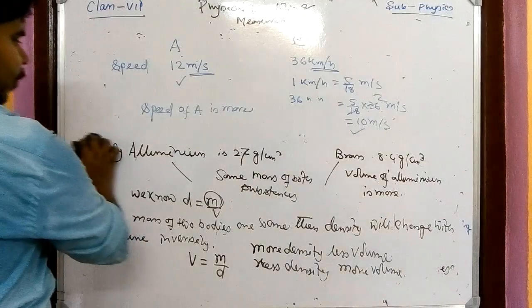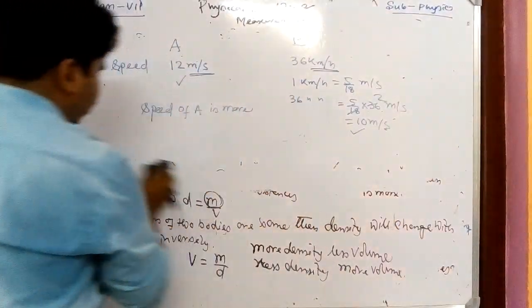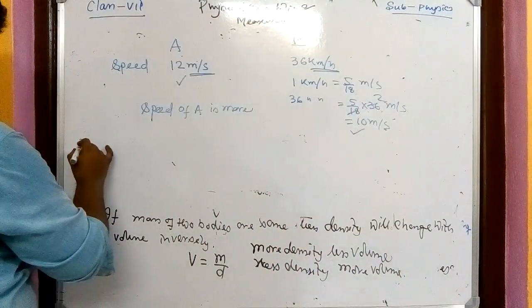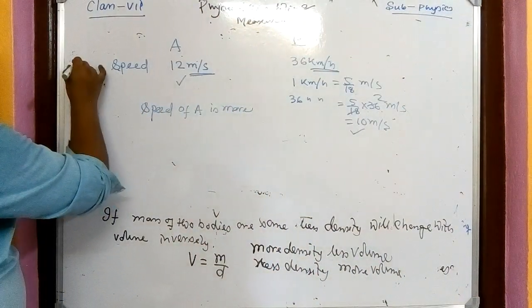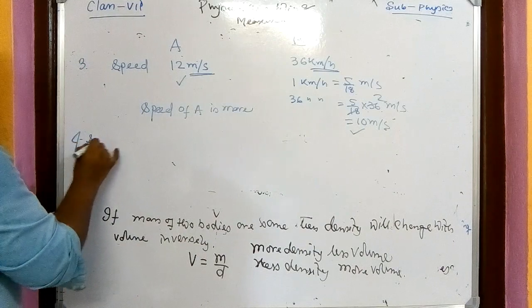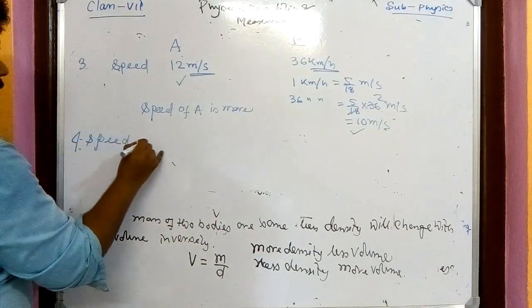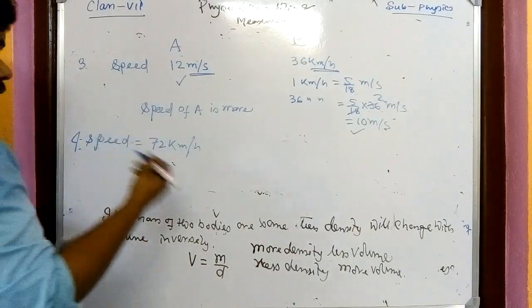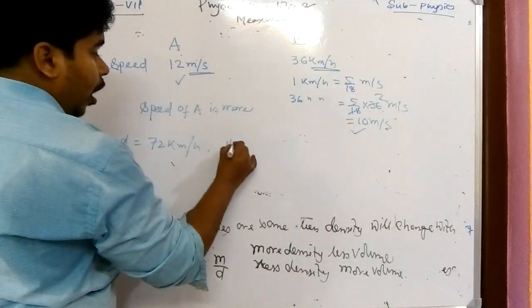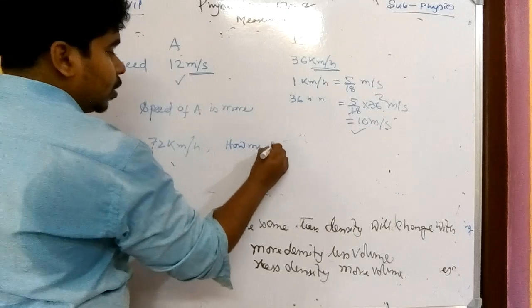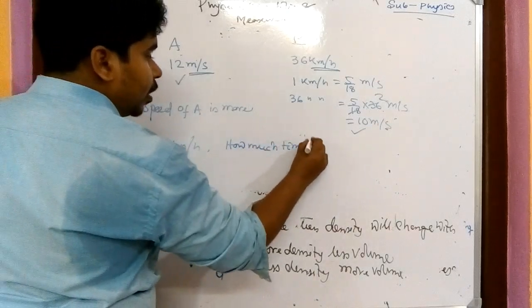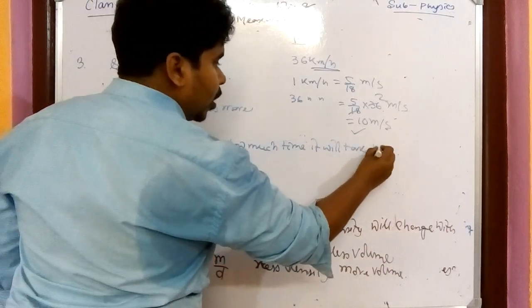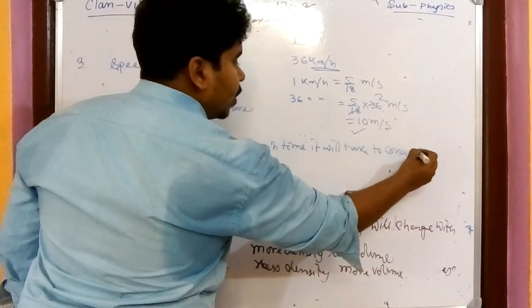Assume the speed of a body is 72 kilometer per hour. Now the question is how much time it will take to cover 600 meter.